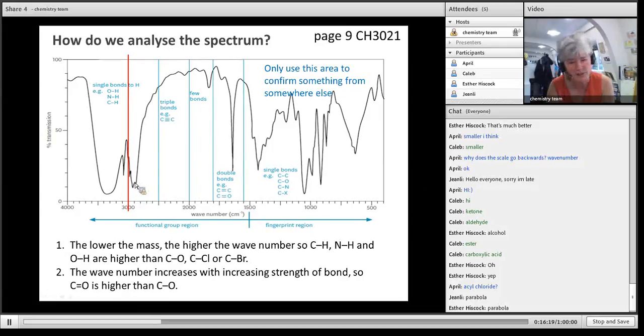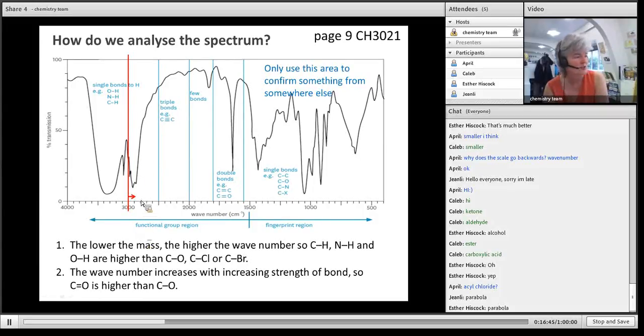So round about 2900, you're going to get all your CH peaks. That'll tell you there's alkyl, CH3, methyl, ethyl, those sort of groups in there. You should always see some sort of alkyl, because all your molecules are going to have some sort of CH in there somewhere. So you always look at that first.